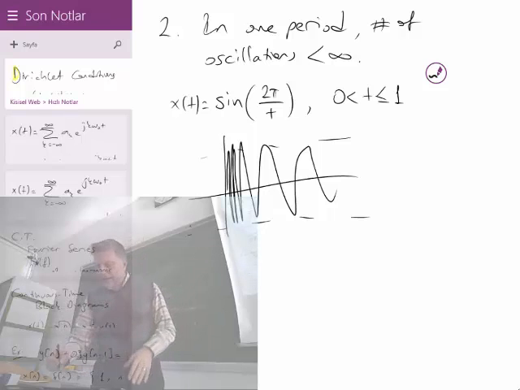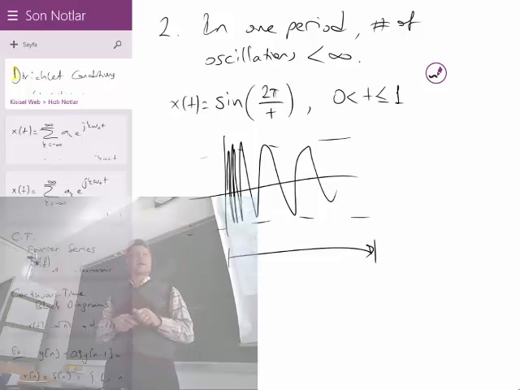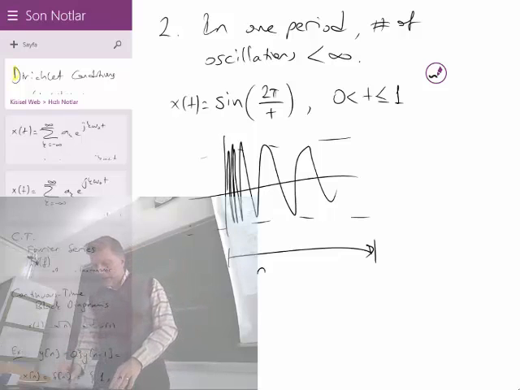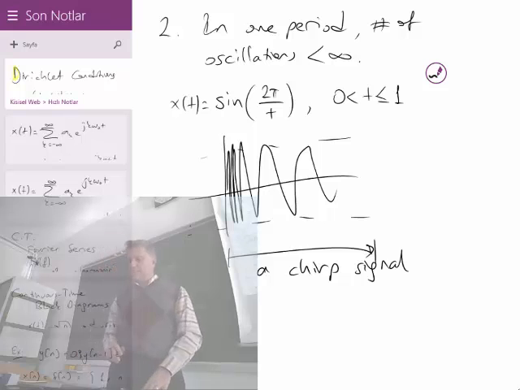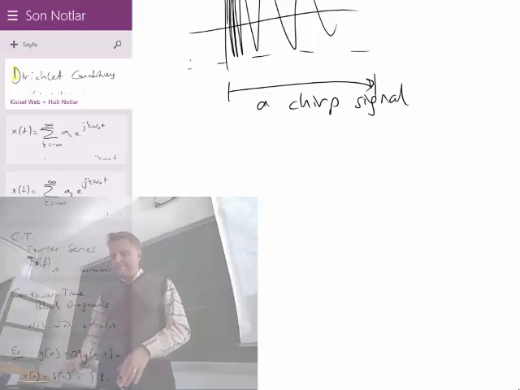You define it within one period and then repeat it, so it is periodic, but the number of oscillations is infinite. The name of such a signal is the chirp signal. The chirp is the voice of a bird. Since the voice of a bird changes frequency from high to low or from low to high, such variations in frequency are called a chirp signal.